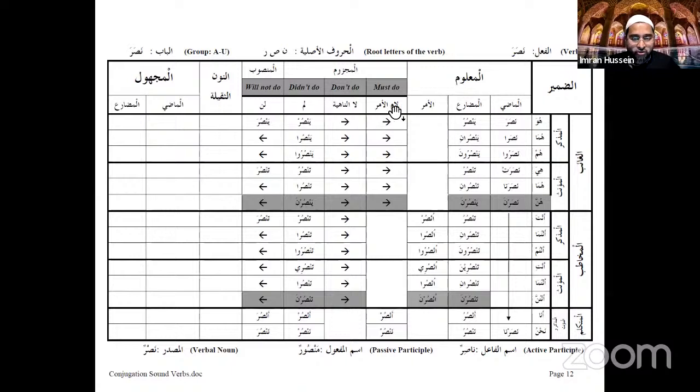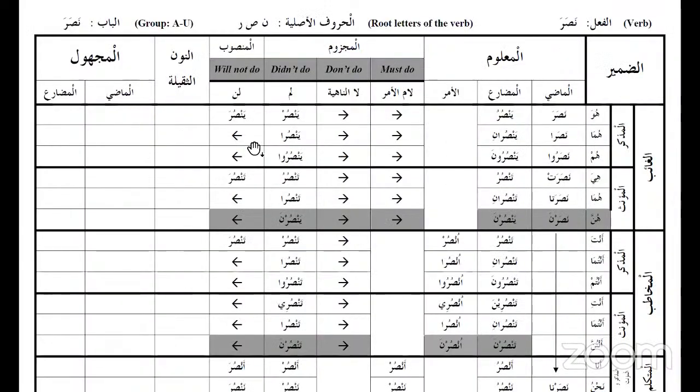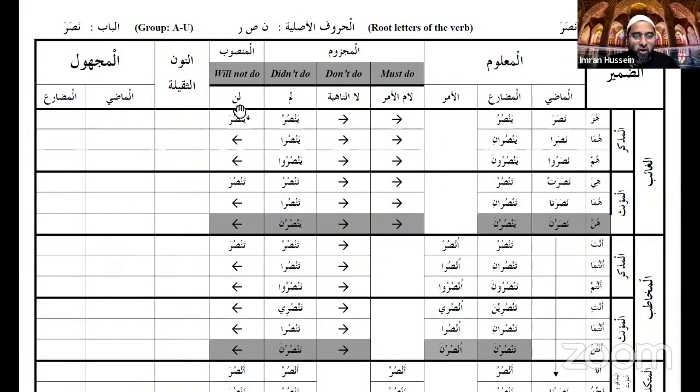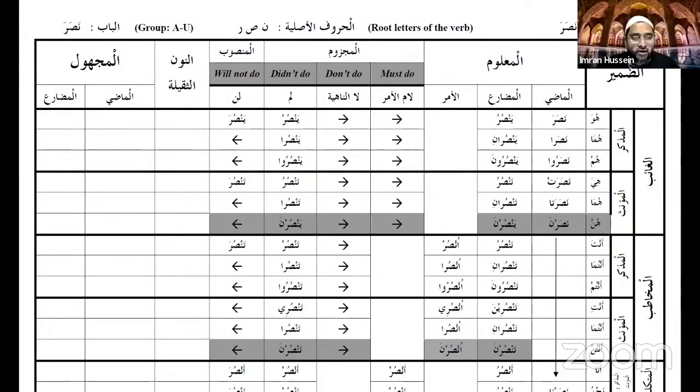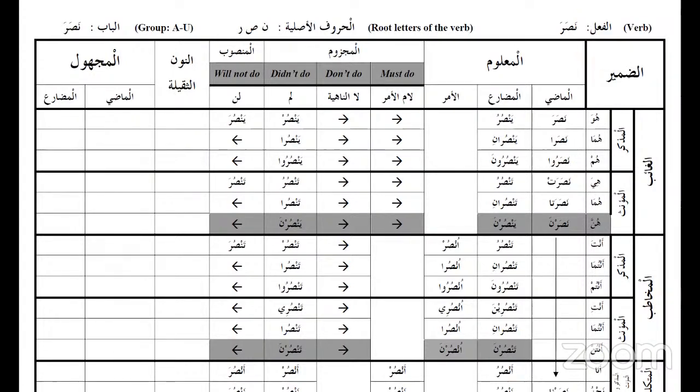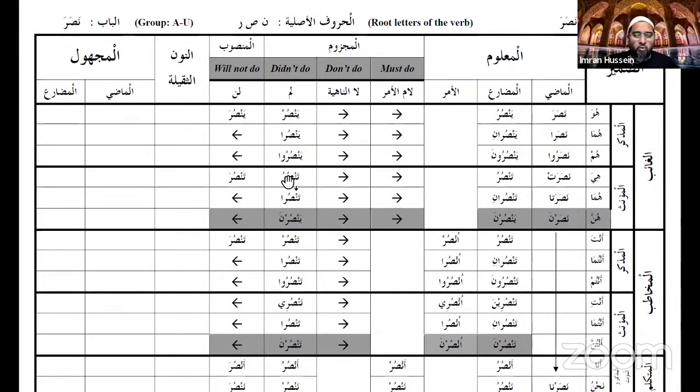These were the three particles which make the present tense majzoom. I've also sent the handout today. Then we spoke about lan. There are also sisters of lan: an, lan, kay, idhan. There are four sisters of lan that make the fi'l mudari go from marfu to mansub. Ahsanti.